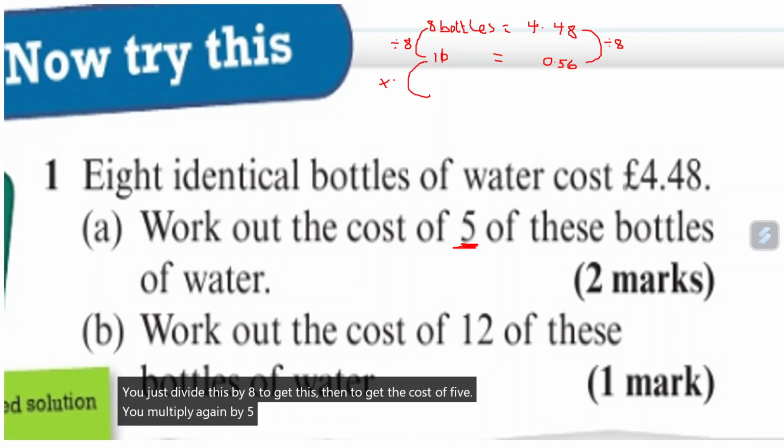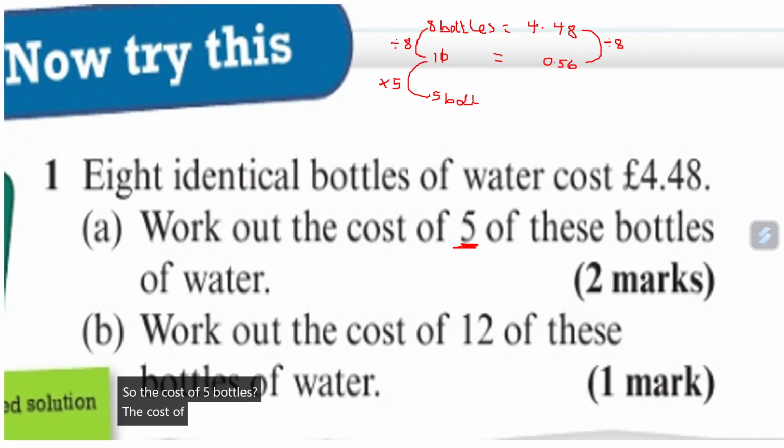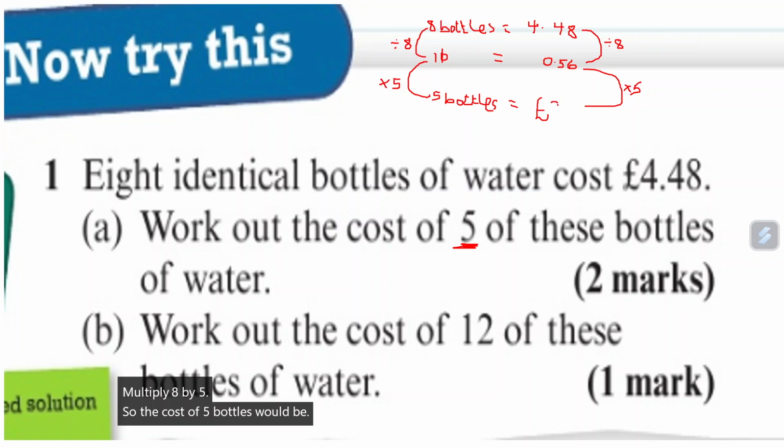Multiply this by 5. So the cost of 5 bottles will be £2.80.